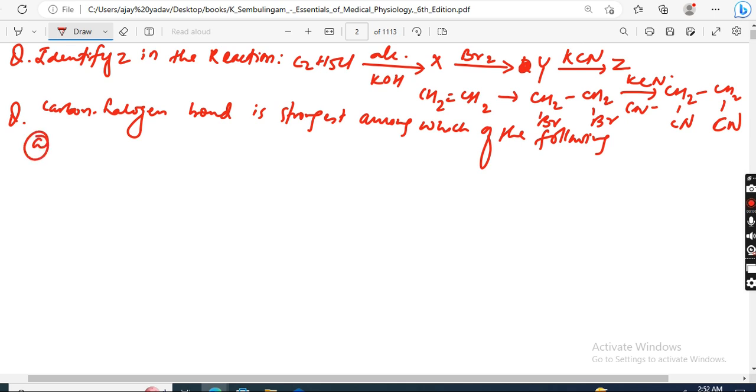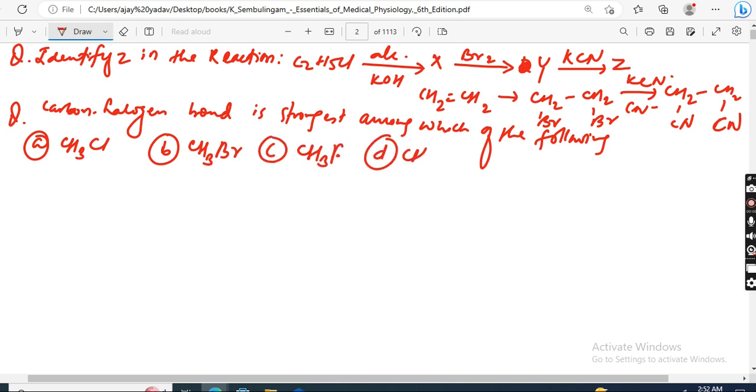That is your A, CH3Cl. B is CH3Br. C is CH3F, and D is CH3I. We know electronegativity order, right? That is F, fluorine, chlorine, bromine, and iodine. This is the most electronegative, right? The bond will be much stronger in this case.